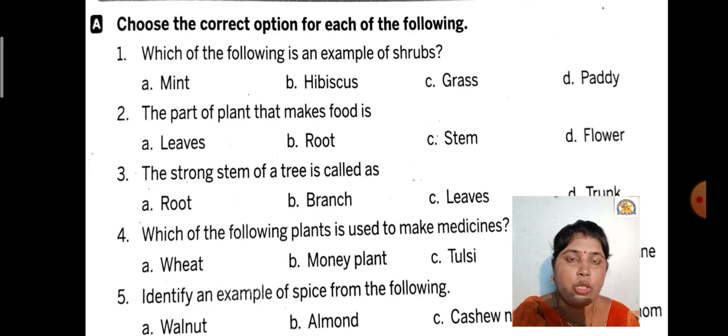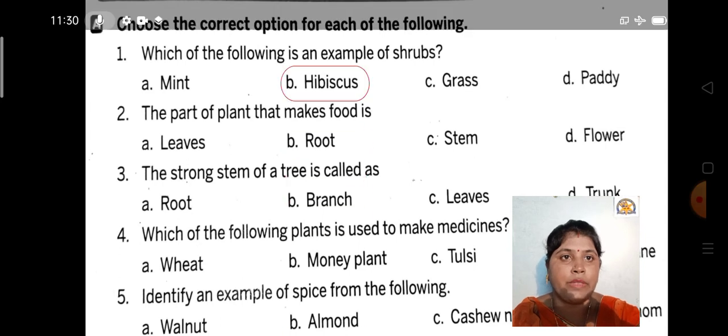So see, choose the correct options for each of the following. Number 1, which of the following is an example of shrubs? The options are A, mint, B, hibiscus, C, grass, D, paddy. And the answer is hibiscus.